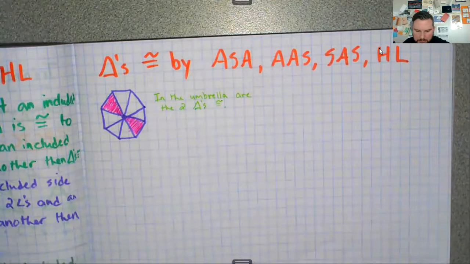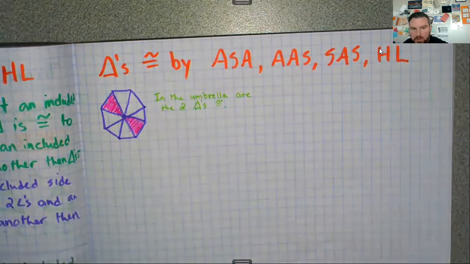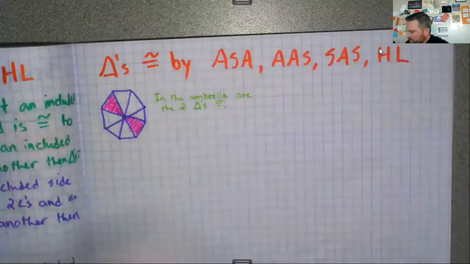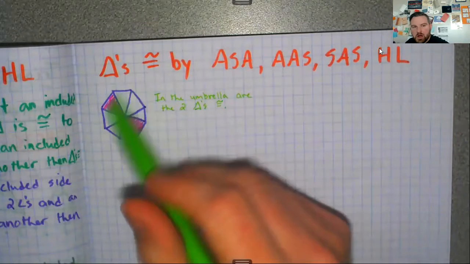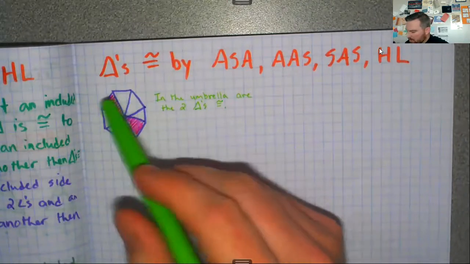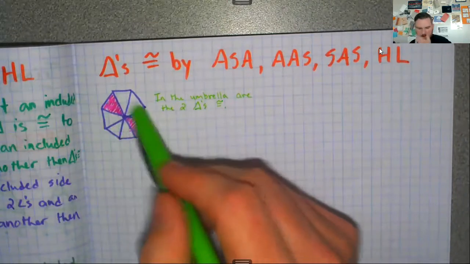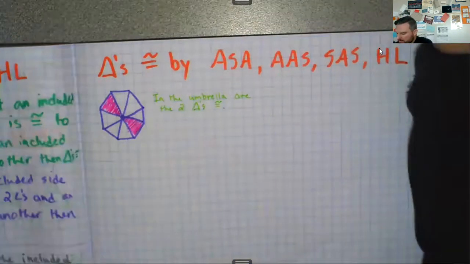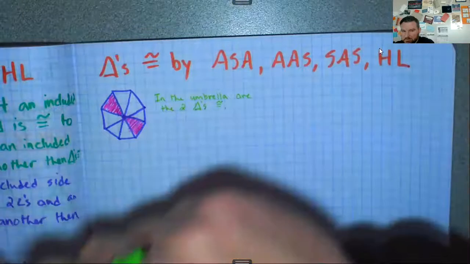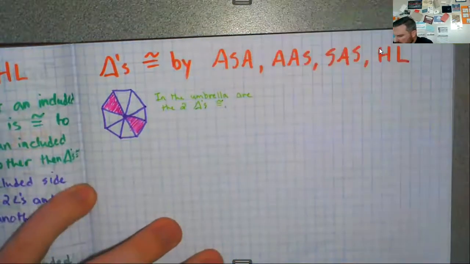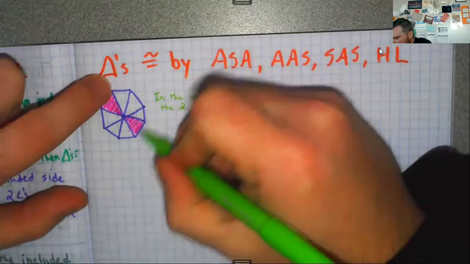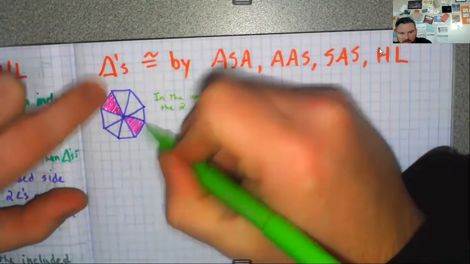Okay, so when we have this, we can look at some of the angles. Now, if this is a true umbrella, all of these things might be the same size. Okay, but they may not. So a few things that we can look at here are these two lines here are going to be parallel.